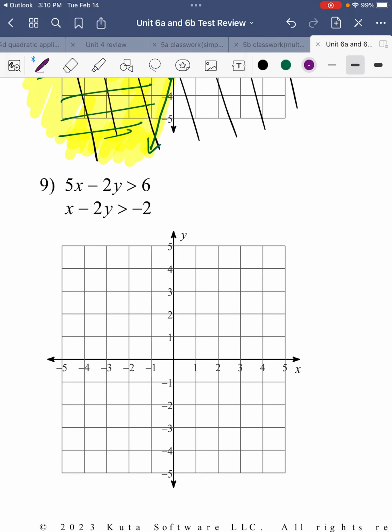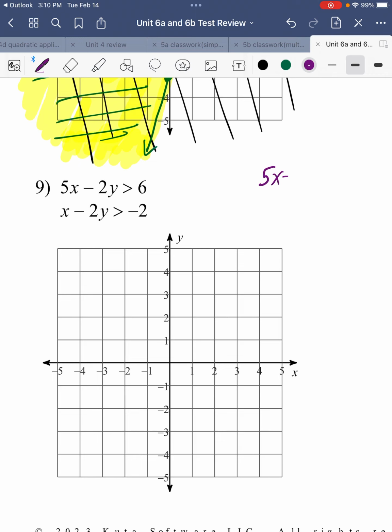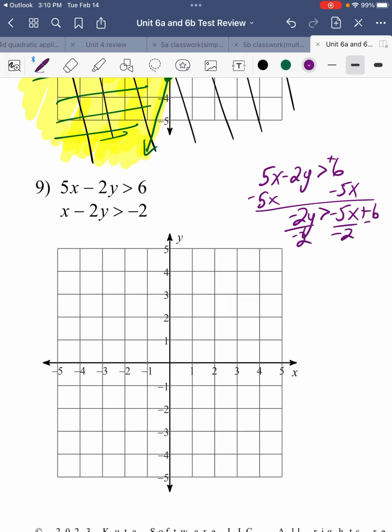All right, number 9. Let's graph this. For this, I have to solve for y, get it in y equals mx plus b. So I subtract 5x, and 6 is positive, so that's why it's plus 6. And I'm going to divide by negative. Anytime you multiply or divide by a negative, don't forget to switch the inequality.